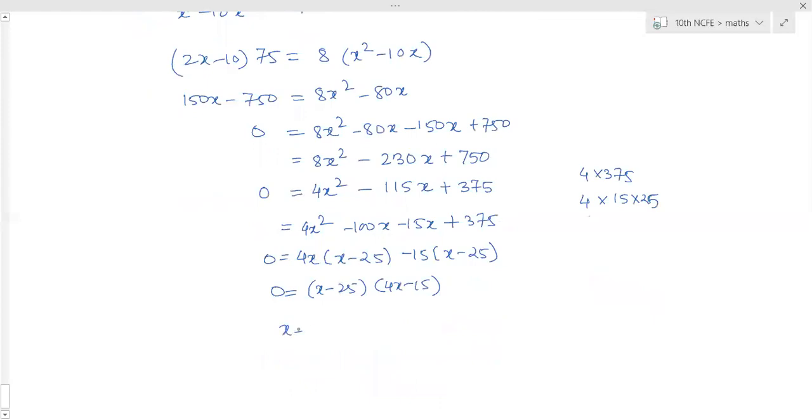So x is equal to 25 hours, or x is equal to 15 by 4. 15 by 4 is not possible, because if the smaller tap takes 15 by 4, then the larger tap will have negative values, which is not possible. So therefore, time taken by the smaller tap to completely fill the tank is 25 hours.